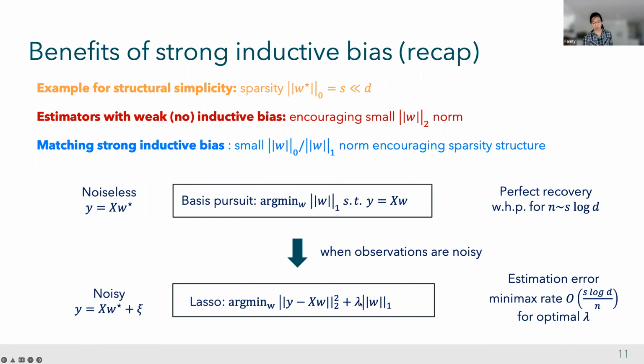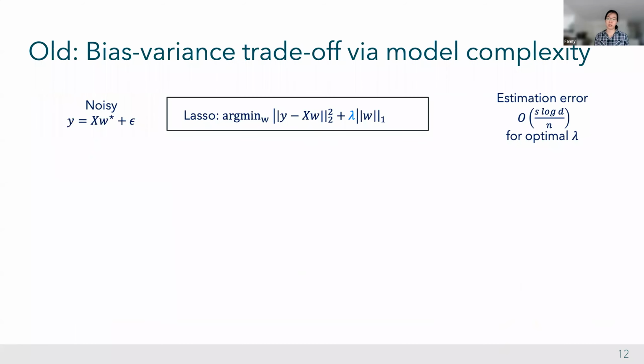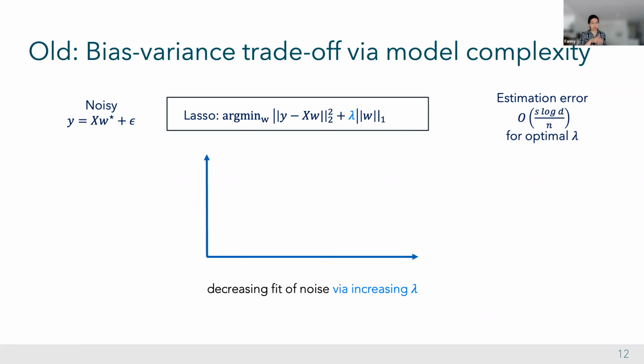So what's the intuition behind this? And what are you exploiting here? What we're exploiting here is the lambda, that you have flexibility to change your lambda according to your noise or your sample size. Let's recap this very old intuition of the bias-variance trade-off here, which is the same as the one that I stated in the beginning.